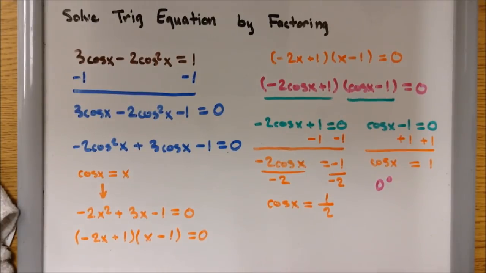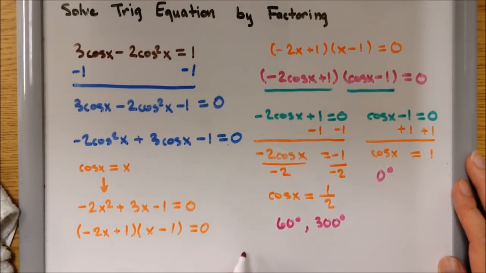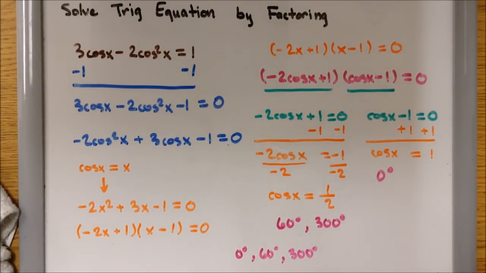So in quadrant 1 is at 60 degrees. And then in quadrant 4 it's at 300 degrees. So if I were to write out the final answer in degrees, it would be 0 degrees, comma, 60 degrees, comma, 300 degrees. That would be your final answer in degrees.